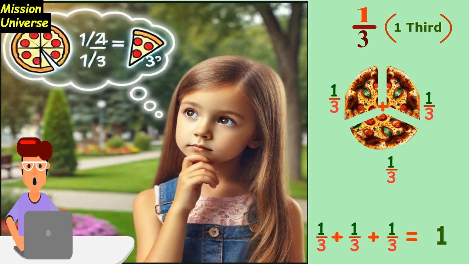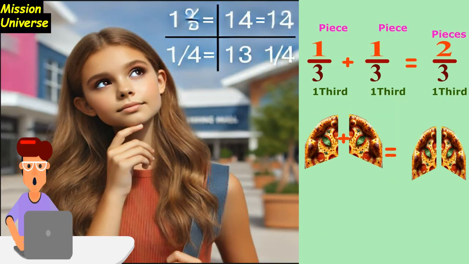If you add 1/3 plus 1/3 plus 1/3, that will become 1 full unit. If you add three 1/3 pieces of pizza, it will become a full pizza. You can see there 1/3 plus 1/3 plus 1/3 is equal to 1. How? Let's learn. 1/3 plus 1/3 is equal to 2/3, meaning 1 piece of 1/3 plus 1 piece of 1/3 is equal to 2 pieces of 1/3.